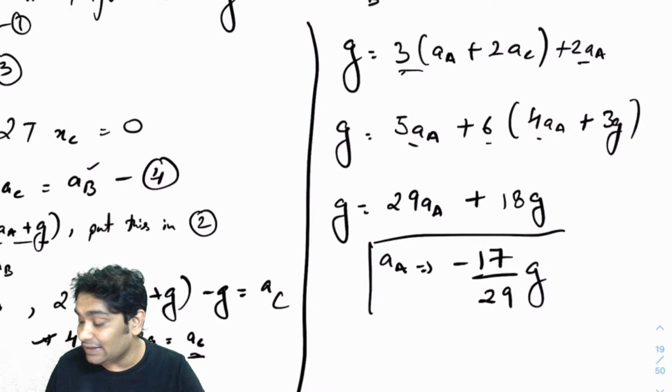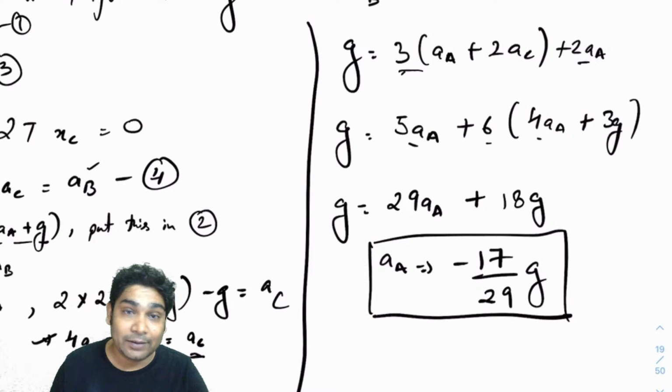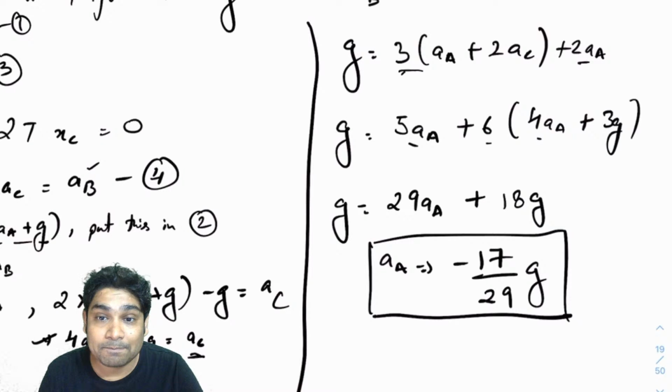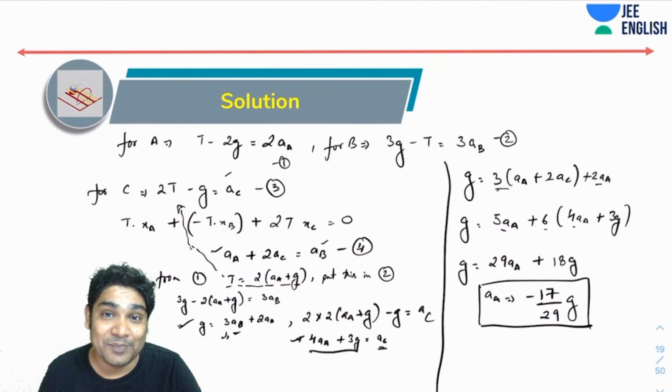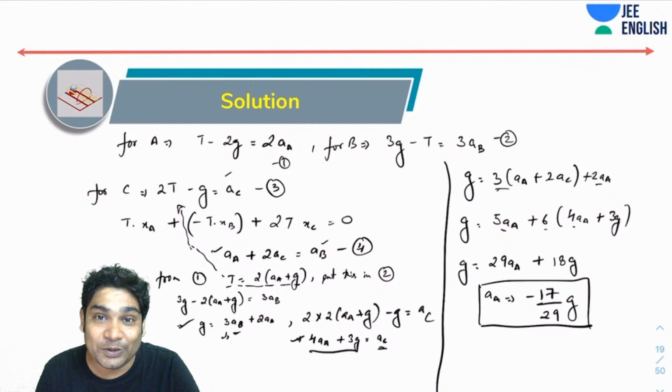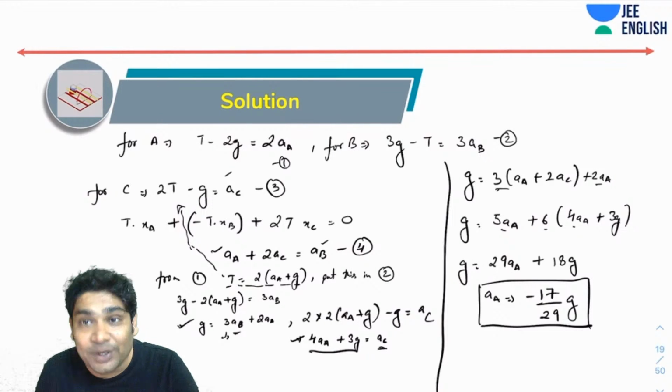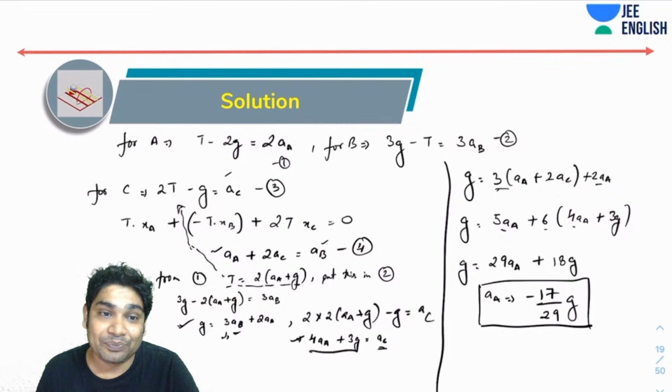That is the answer that I am getting, Pavan. All right. So this is the longest solution because this is a complex problem. That is what you get. Okay. Now you can find the rest of the expressions also.